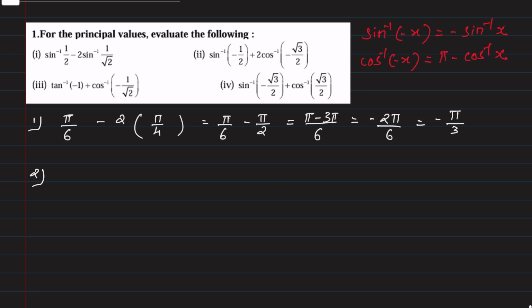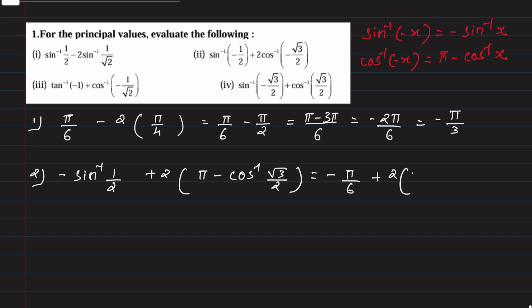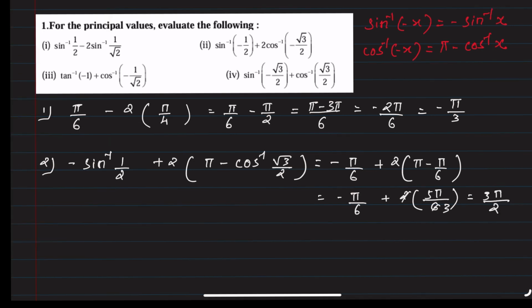So here we'll get minus of sine inverse 1 by 2, then plus 2 into pi minus cos inverse of root 3 by 2, which is equals to minus of sine inverse 1 by 2 is pi by 6, plus 2 into pi minus cos inverse root 3 by 2 is pi by 6. So the value would be equals to minus pi by 6 plus 2 into 5 pi by 6, that is 5 pi by 3, positive.